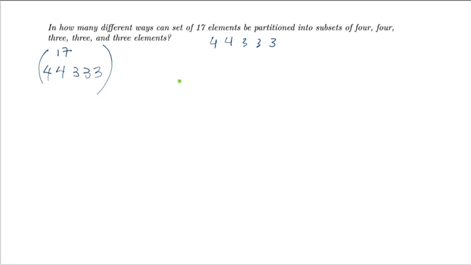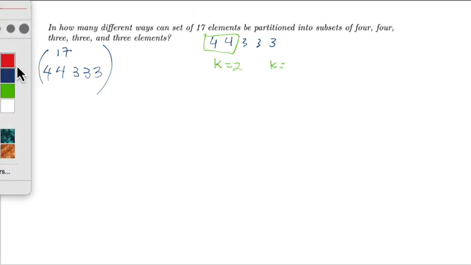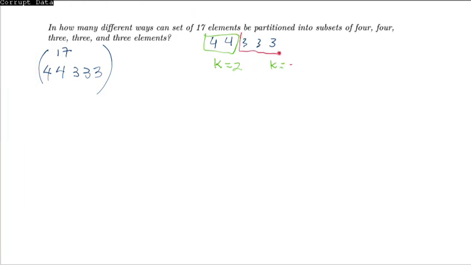So you have 2 indistinguishable groups for this collection, and you also have 3 indistinguishable groups for this collection of 3 groups, right?